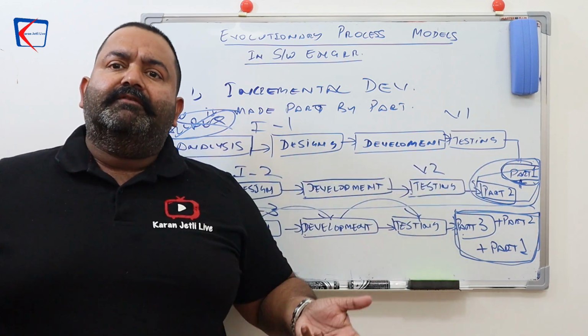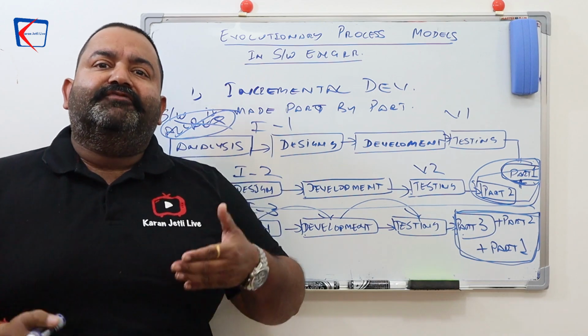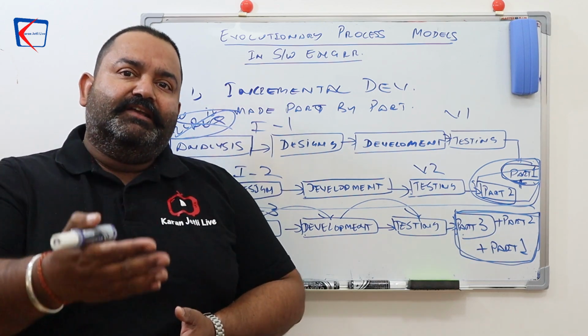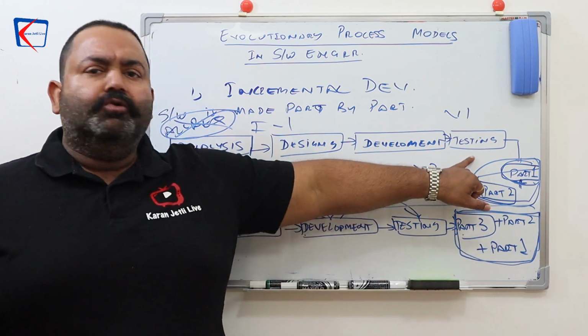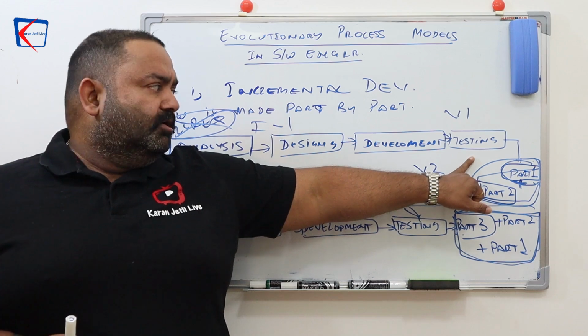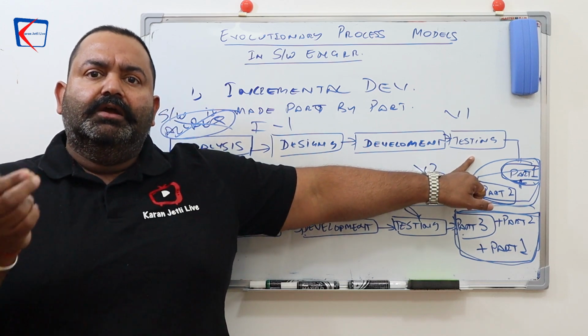So he will have the understanding of the product and the feel of how the product will be used. He can use it, and he will have the idea about what is coming next. So what is this approach called? It is called incremental development.